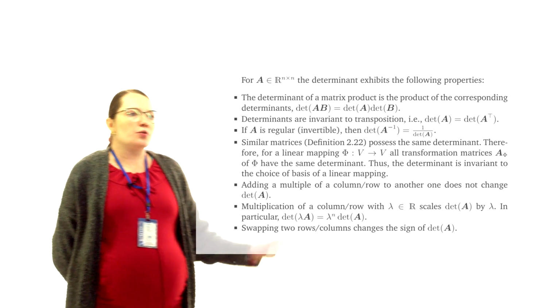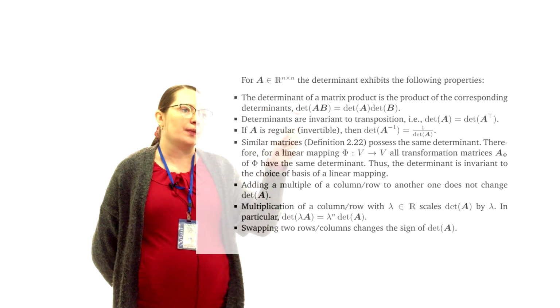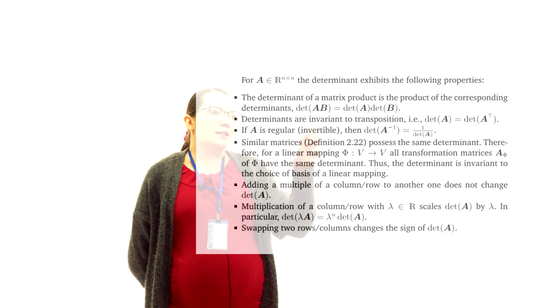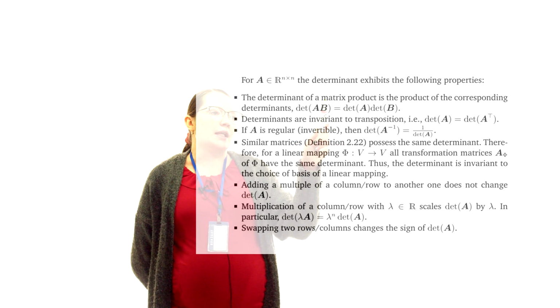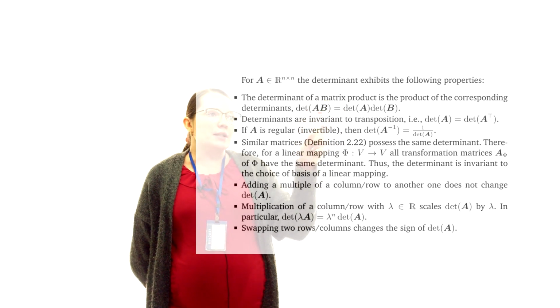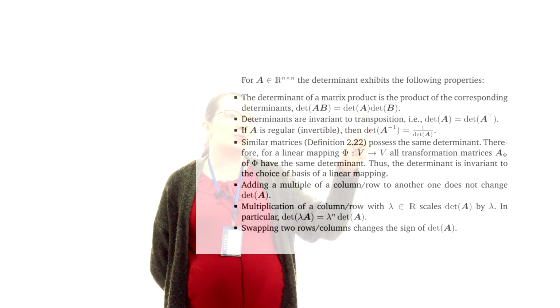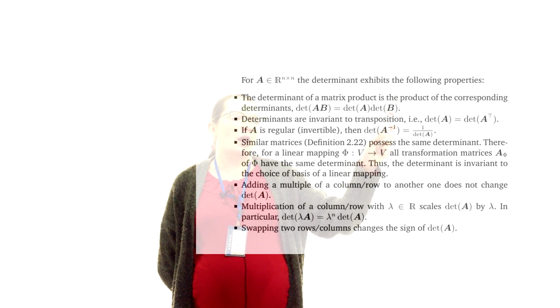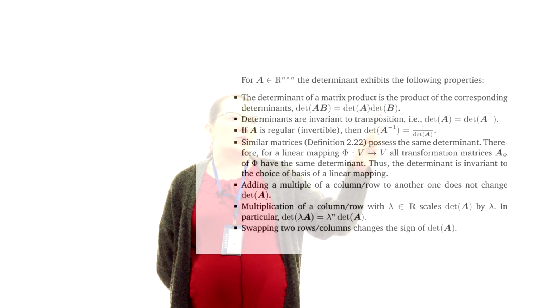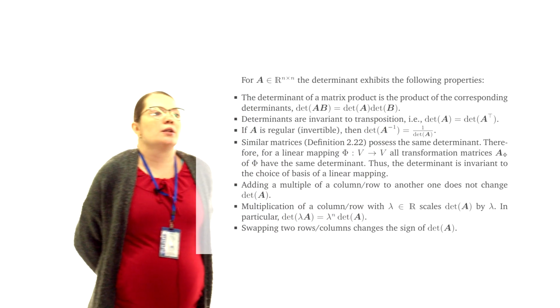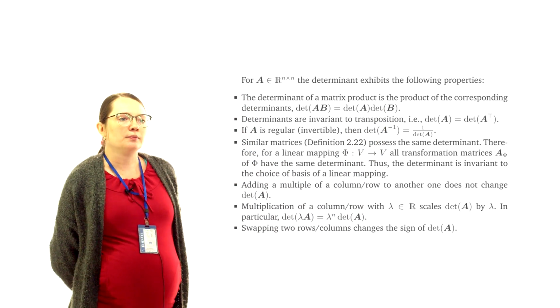If in the first formula, instead of B, we take A inverse, here we will get just the identity matrix. The determinant of the identity matrix is 1. And on the right side, we have determinant of A times determinant of A inverse. From this, the determinant of A inverse will be 1 over the determinant of matrix A.